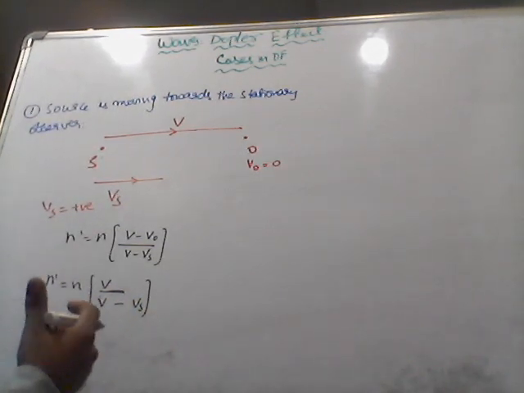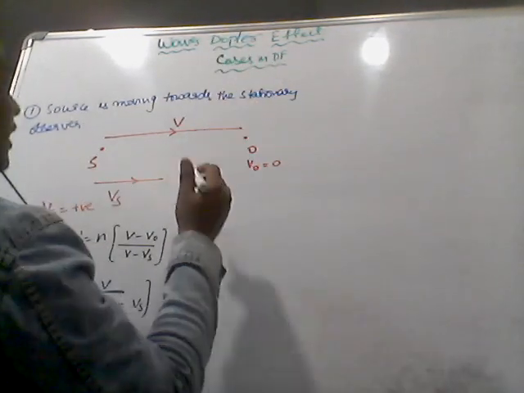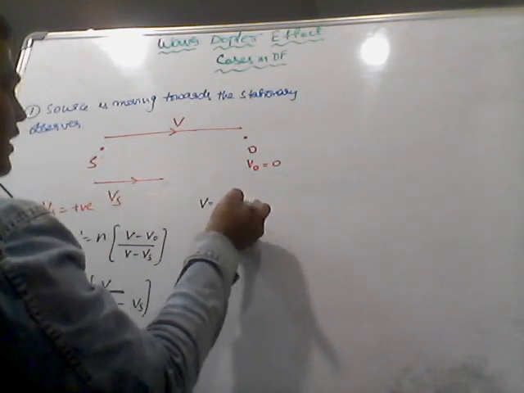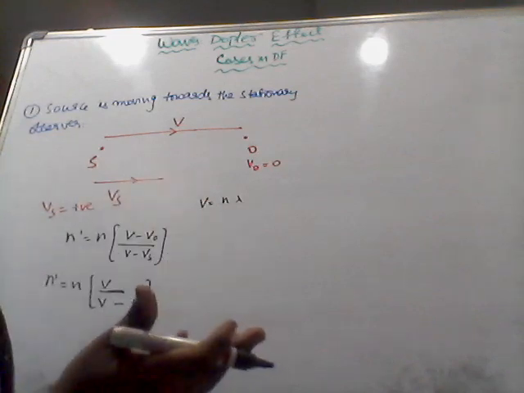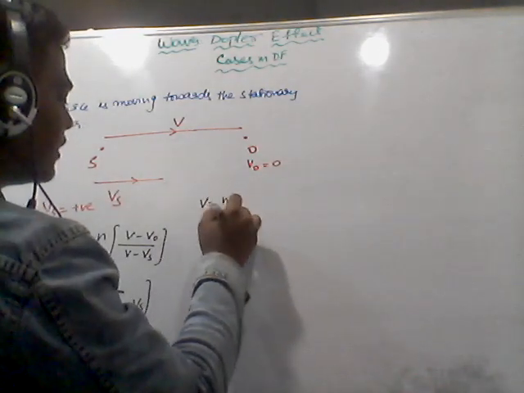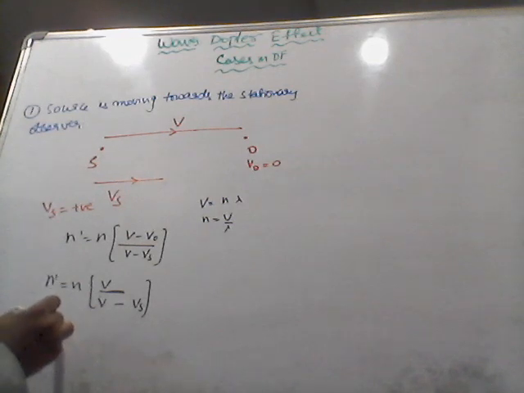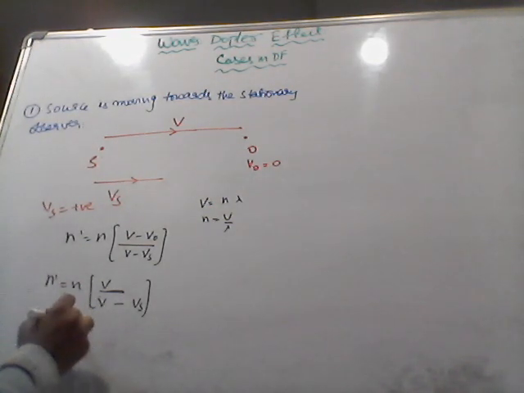Now suppose they are asking for the wavelength. From the basics, V is equal to N lambda, where N is the frequency, lambda is the wavelength, and V is the velocity of the wave. In place of N, I can write V by lambda. In place of N dash, I can write V by lambda dash. Here again in place of N, I can write V by lambda.